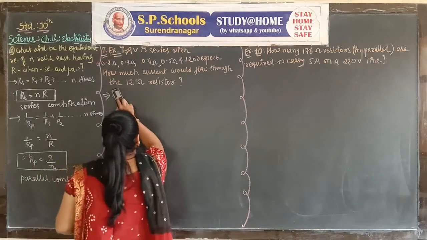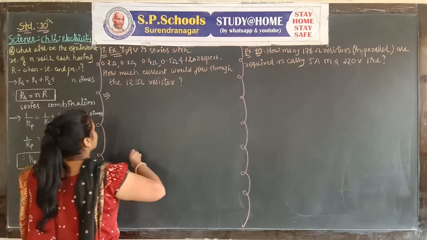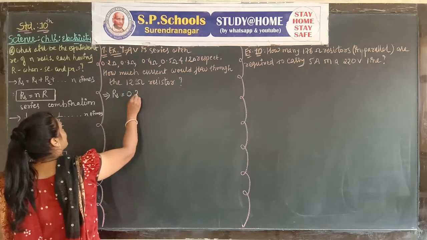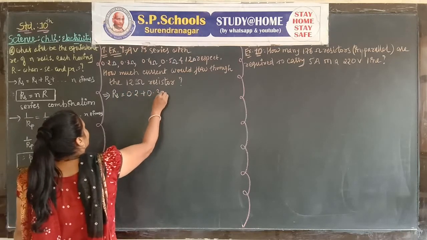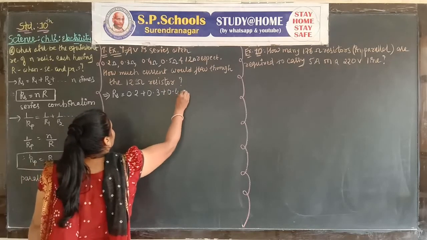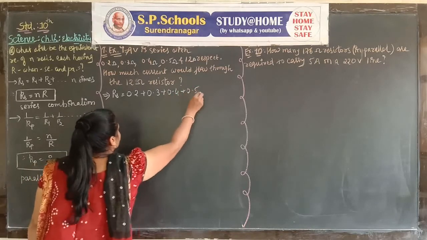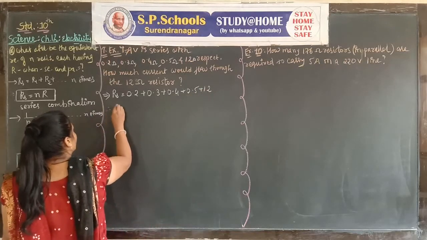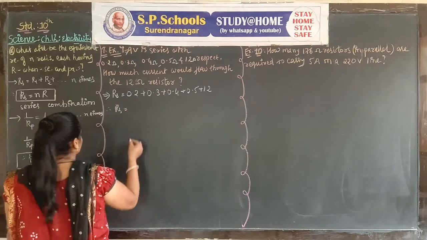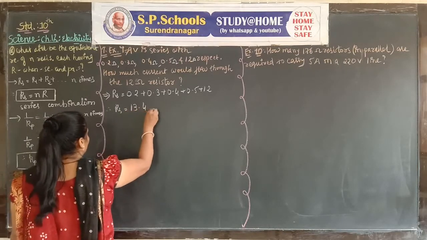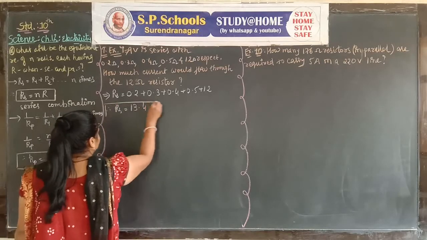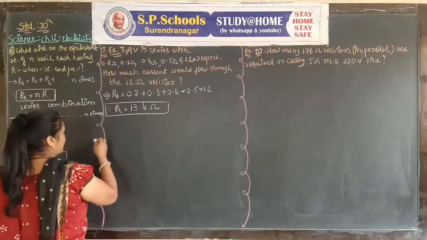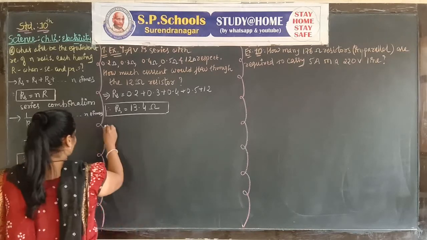First we know all the resistors are connected in series, so Rs is equal to 0.2 plus 0.3 plus 0.4 plus 0.5 plus 12. The sum of all resistors will be 13.4 ohm. Now we find the current, so we apply Ohm's law.